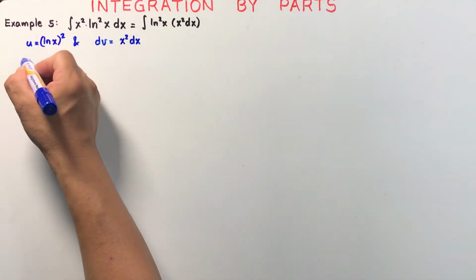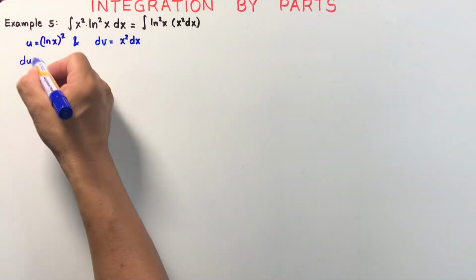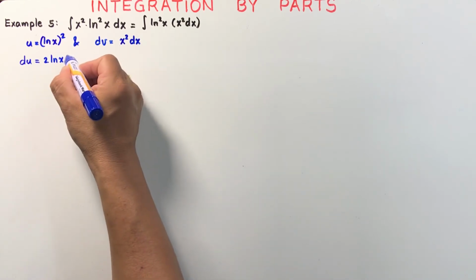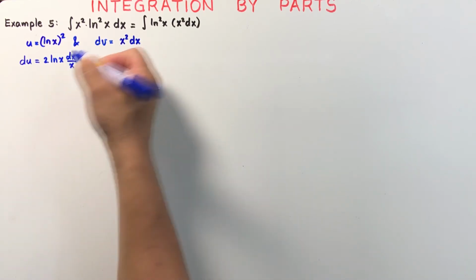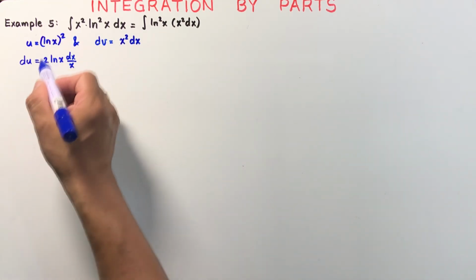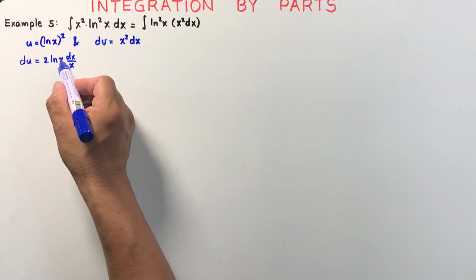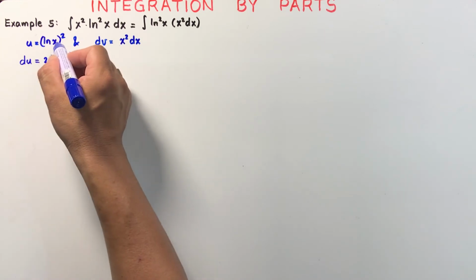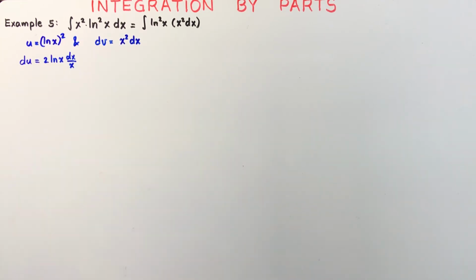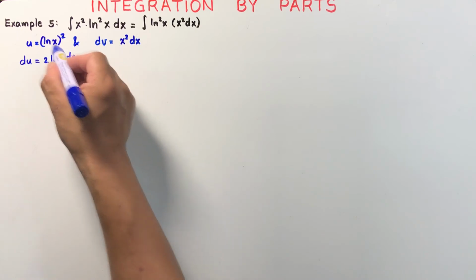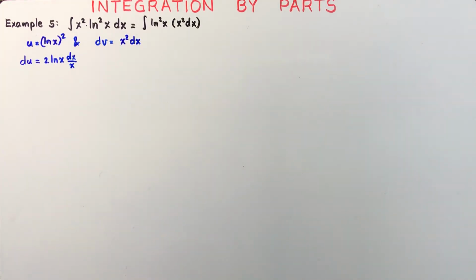So solving for the differential of u, we have 2 times ln x times dx over x by the power rule. Because our exponent is 2, we have 2 times ln x to the power of 1 times the derivative of the base, which is dx over x, or 1 over x dx. So this is now our differential of the square of ln x.